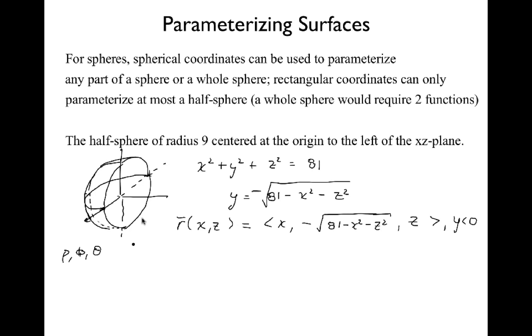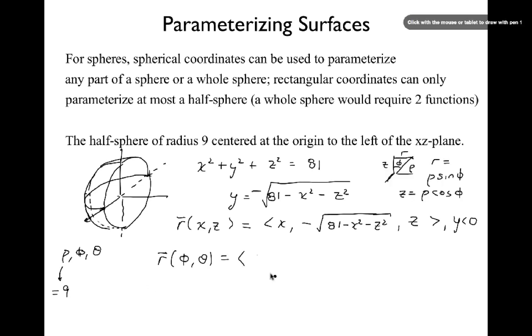For every point on the sphere, one of these is a constant, so we don't want to use that as a parameter. You should be thinking that that's rho. Rho is equal to 9, always. So it's not going to be a parameter, because our parameters are what vary to generate all the points on the surface. So we're going to have r of phi and theta to do this in spherical coordinates.